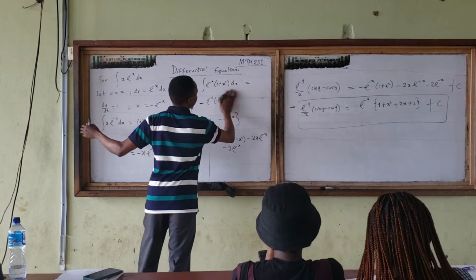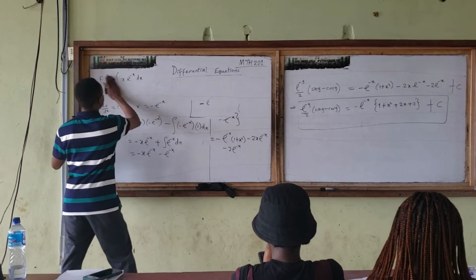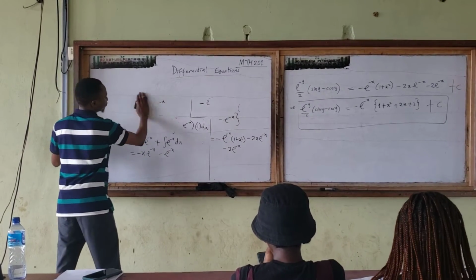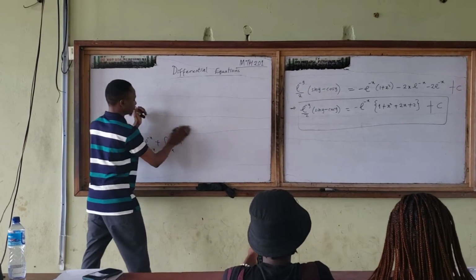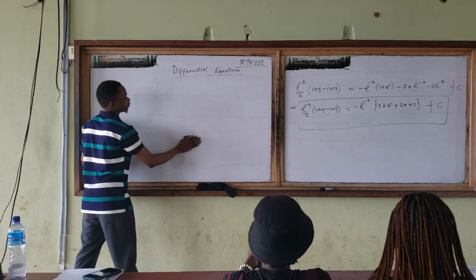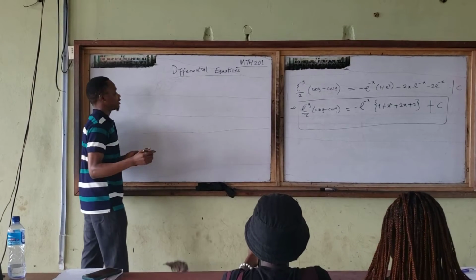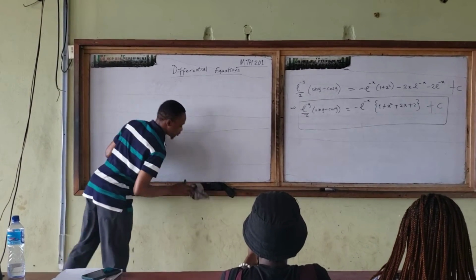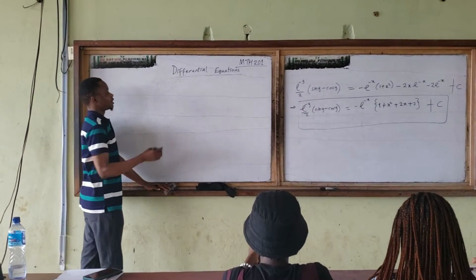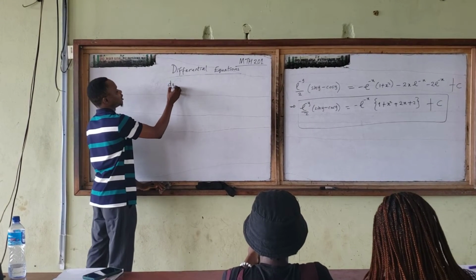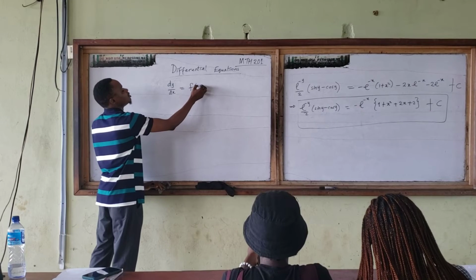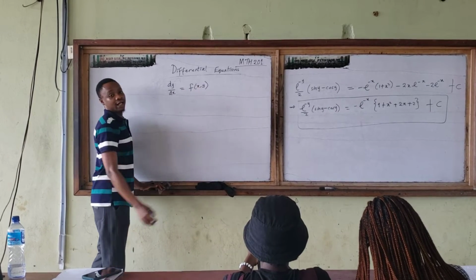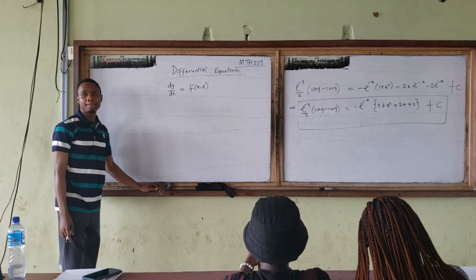So look at it this way, that you can have a differential equation. The first order differential equation generally will be in this form: dy/dx equal to some function that depends on x and y. Are we together?